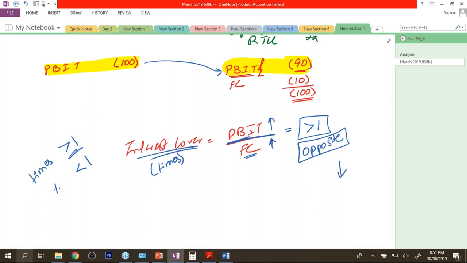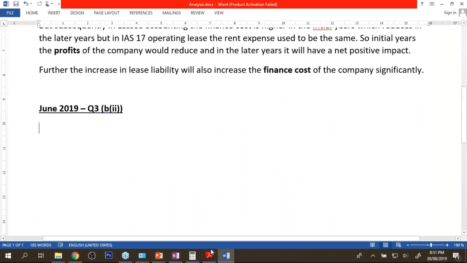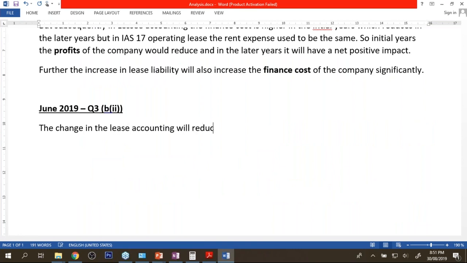Okay, so now we are going to write the answer that the change in the lease accounting will increase the operating profit but decrease the net profit.